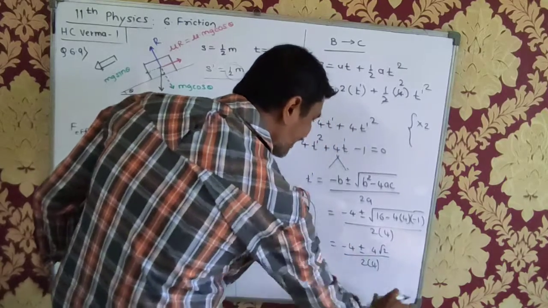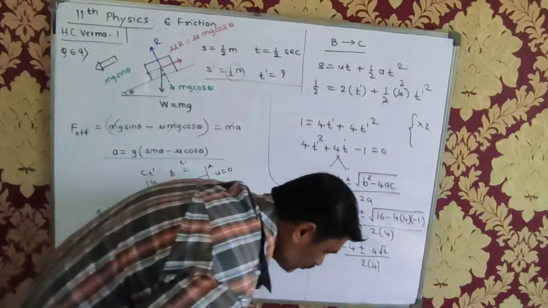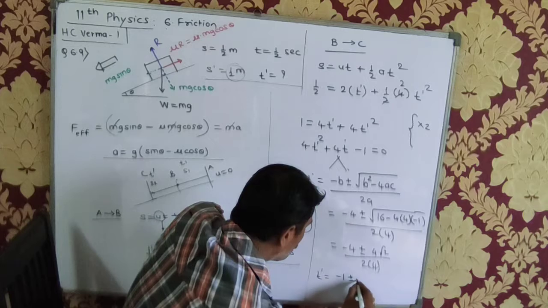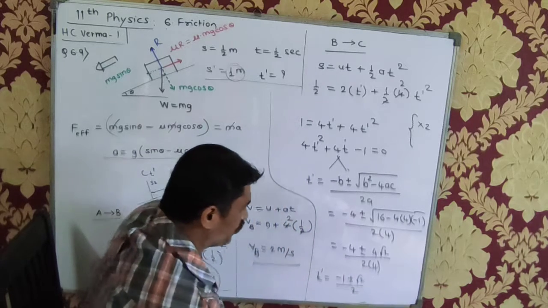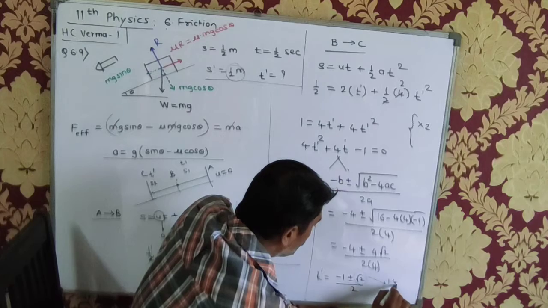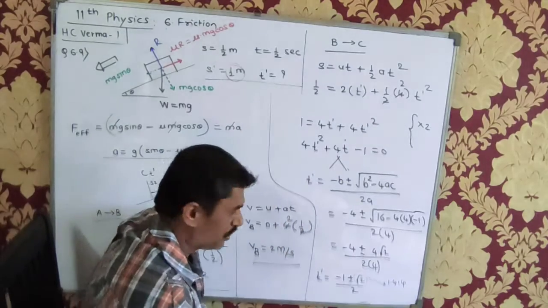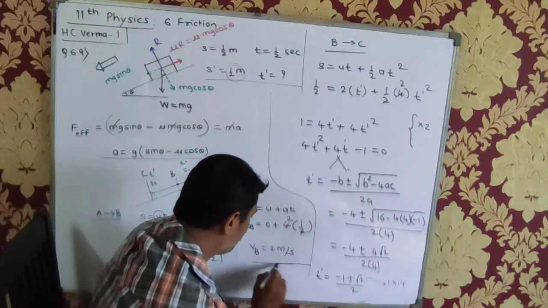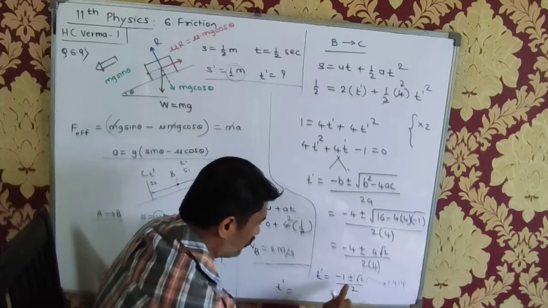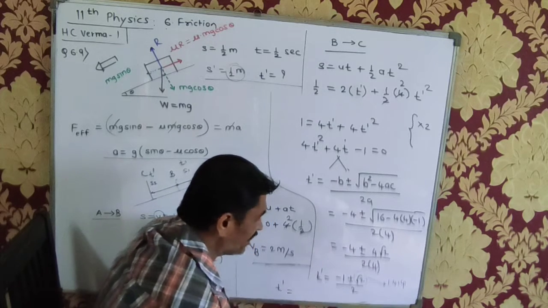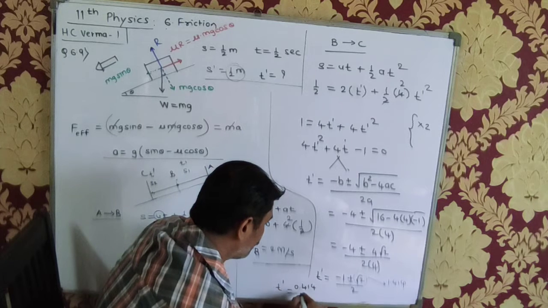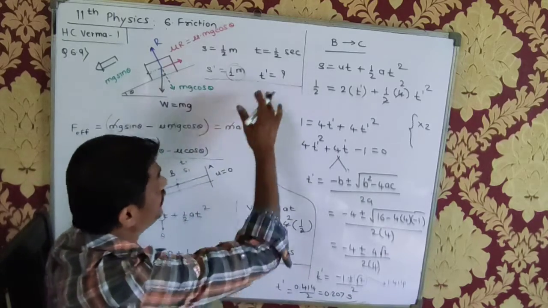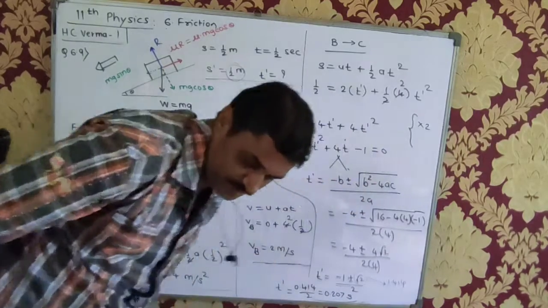So 4 and 4 cancel, so t dash is going to be minus 1 plus or minus root 2 upon 2. Now the value of root 2 is 1.414, and time is always positive, so I'll have to take the positive value because time can never be negative. So t dash is equal to 1.414 minus 1, which is 0.414, upon 2, is 0.207 seconds. So for the next half meter it will take 0.207 seconds, please check.